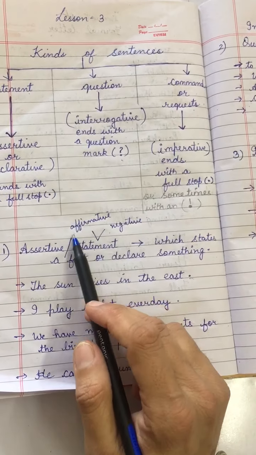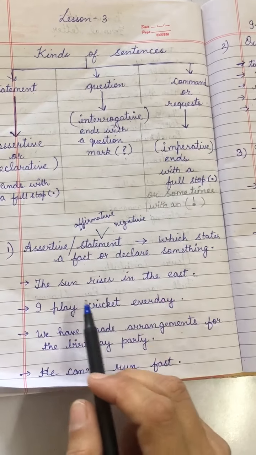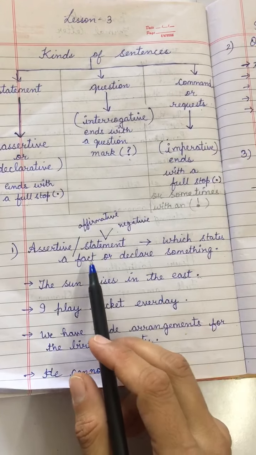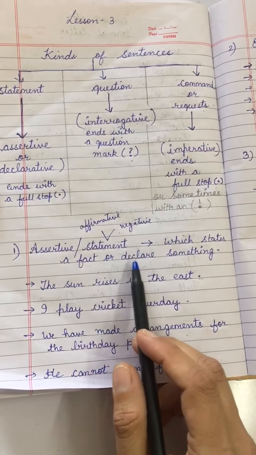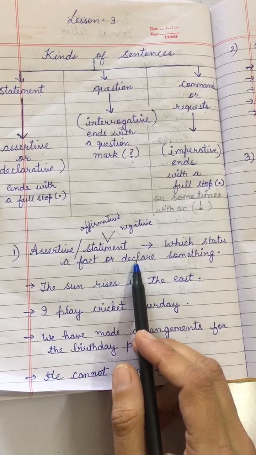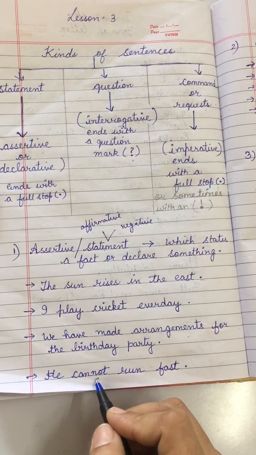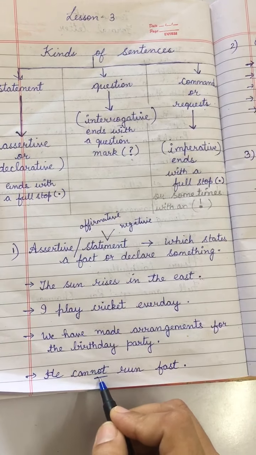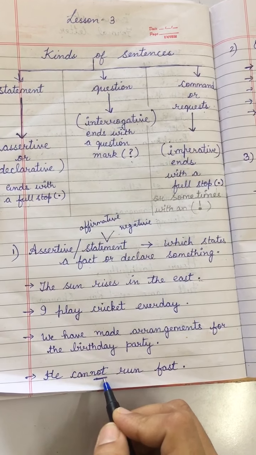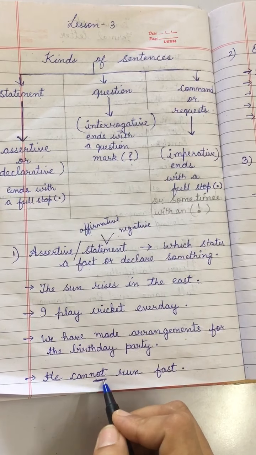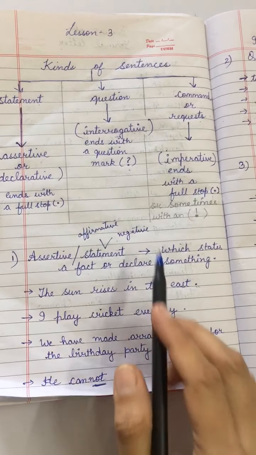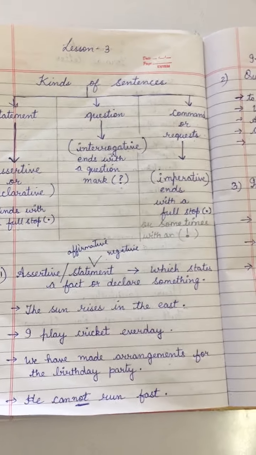Now what are affirmative sentences? Wherein I am just seeking information, or a fact is being told to me, or something is being declared. But what are negative sentences? Wherein the word not comes. That means dislike or disagreement to something comes. Those become my negative sentences.